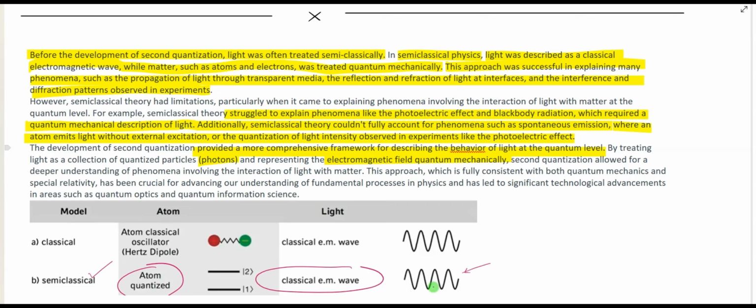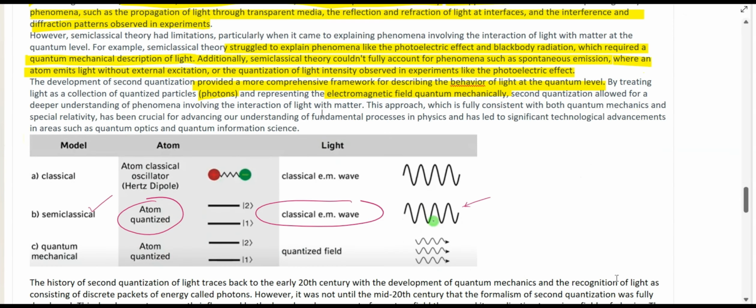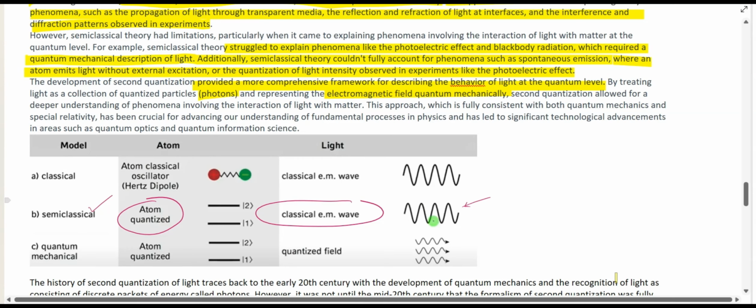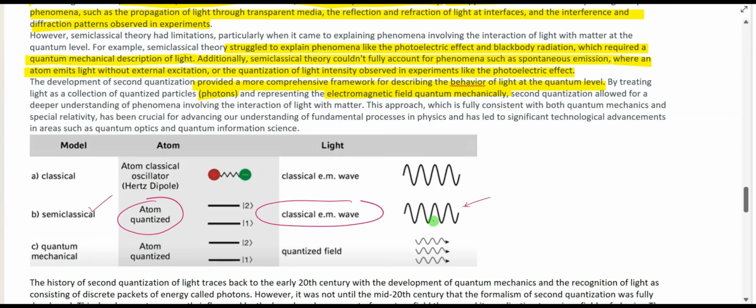This approach, which is fully consistent with both quantum mechanics and special relativity, has been crucial for advancing our understanding of fundamental processes in physics, and has led to significant technological advancements in many fields.